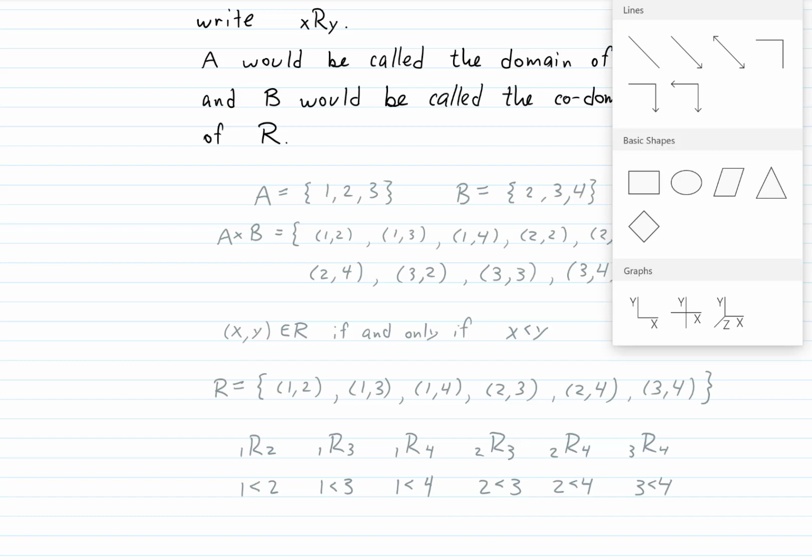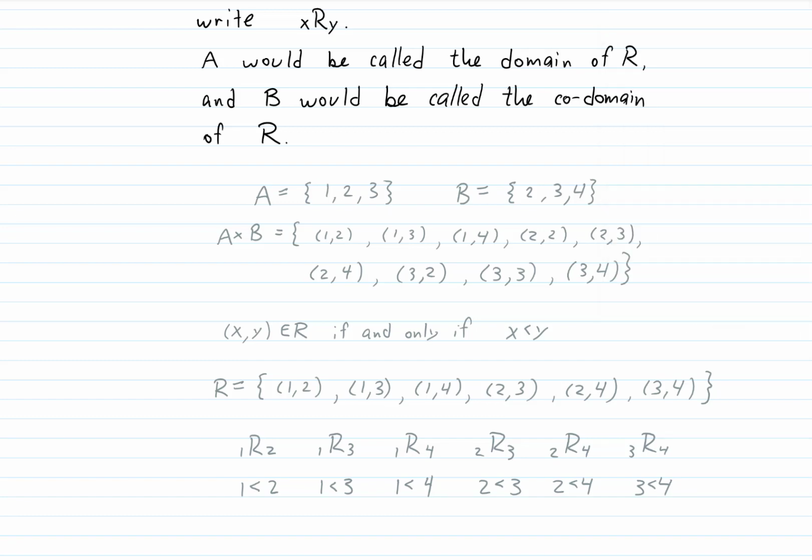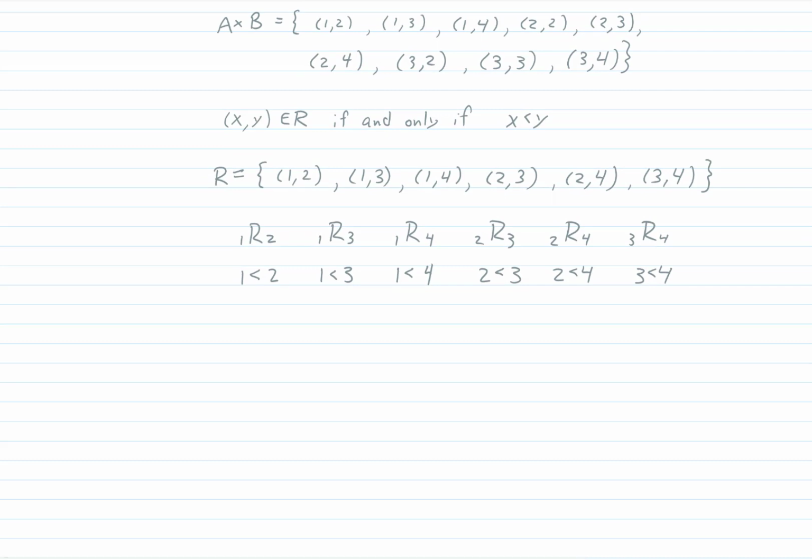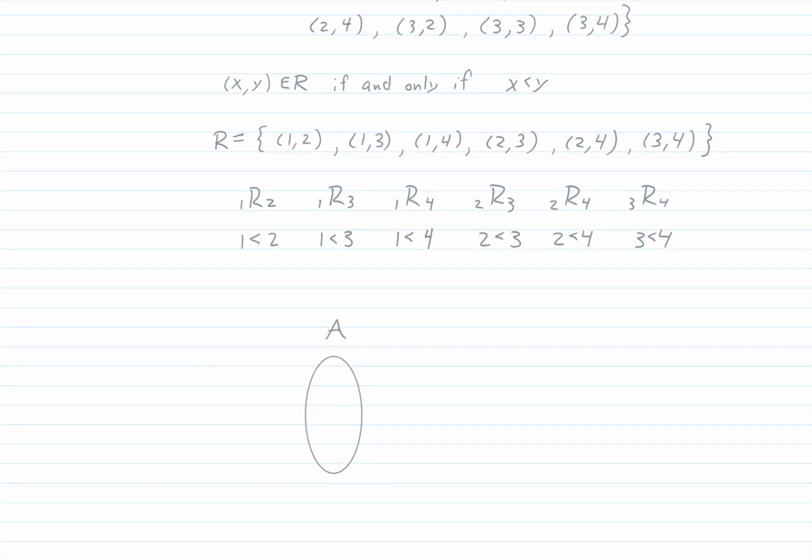Okay, here's what you do. You draw sort of a bubble here for the set A, which is the domain. So what does A have in it? 1, 2, and 3. And then we'll draw a bubble for the set B.